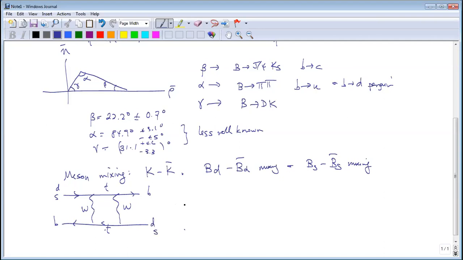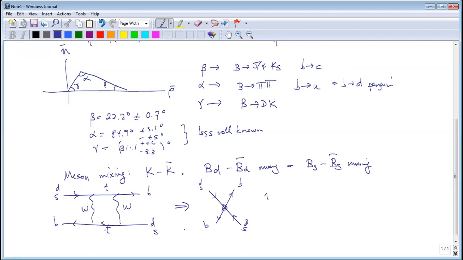And so these things can then go into an effective operator, right? Like so, where here's the D, for example, or the S, here's a B, here's a B, and then there's the D or S. And you can write down the effective Hamiltonian for these objects.